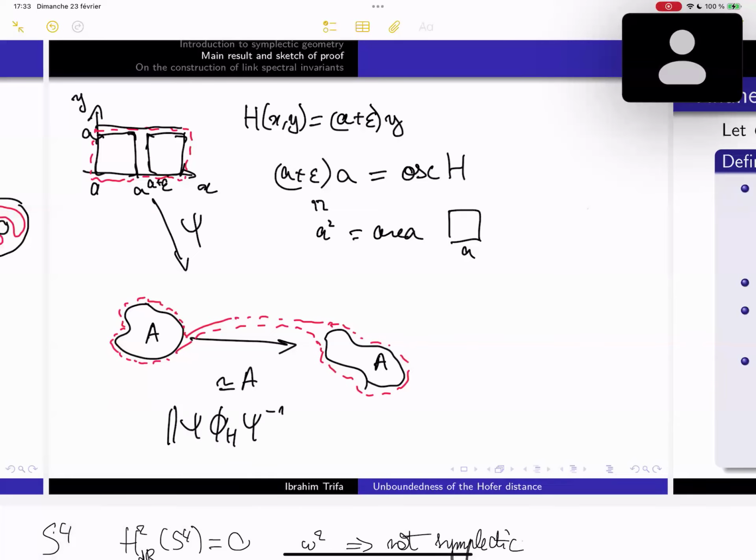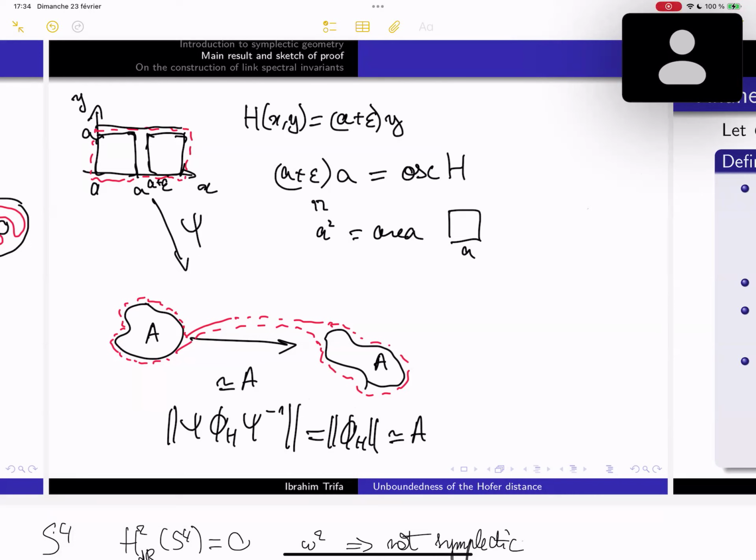And the Hofer norm of this is actually equal to the Hofer norm of phi h, because the Hofer norm is conjugation invariant. And therefore, this is around A. So this means that I can always displace my circle to another one bounding a disk of the same area for a cost which is the area of this circle.